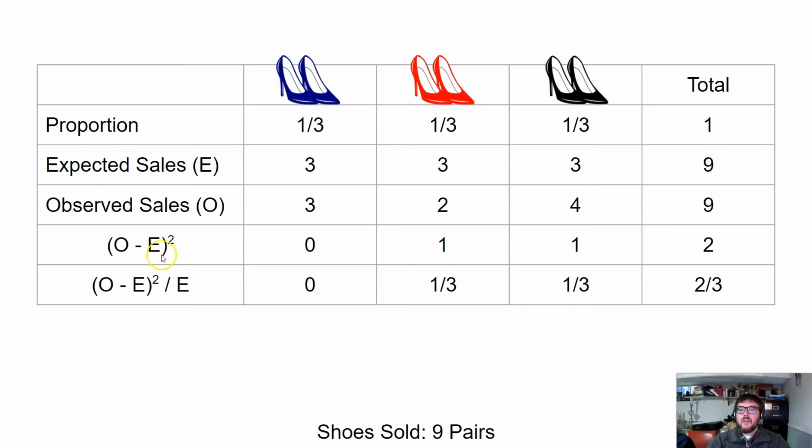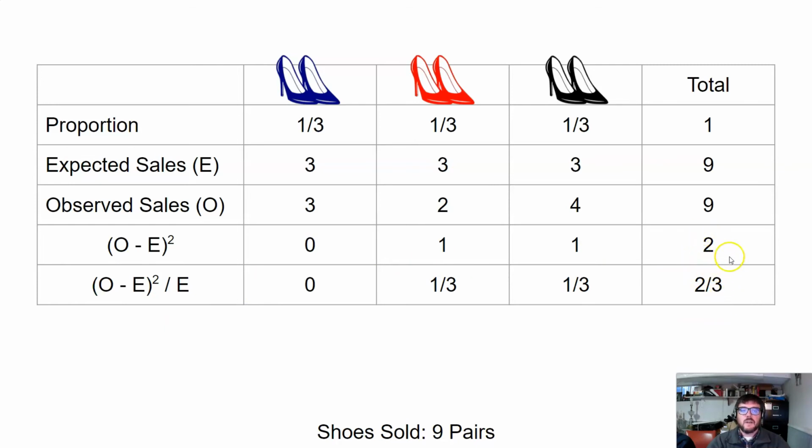But we want to scale how big the departure is by our expecteds. So we take this 1 and divide it by our expected, and so it's 1/3 plus 1/3. So this 2/3 is what's going to let us compare it to the chi-square distribution.